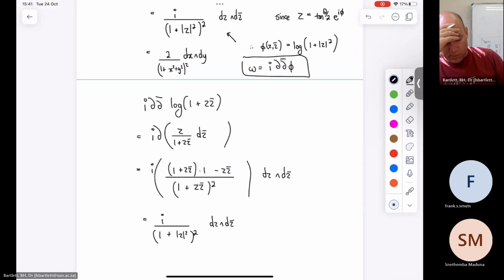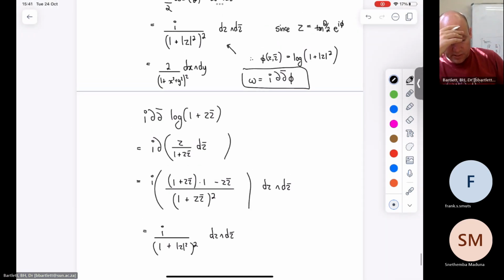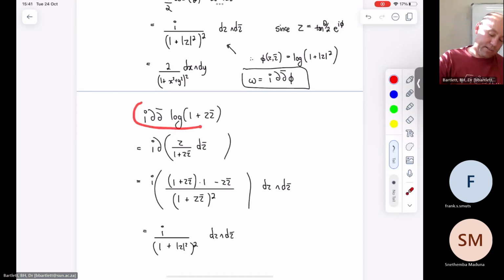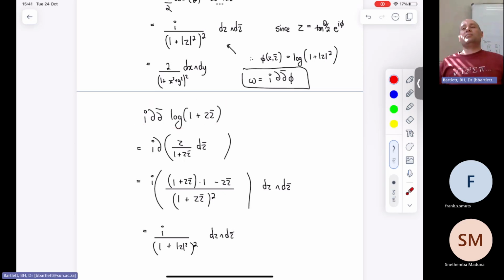Okay, which is what I wanted. So I've shown that indeed it's true that my fundamental form can locally be written like this as i del del bar of something, and indeed that function is this function here. This function is not defined everywhere on the manifold, it's just defined in this chart.